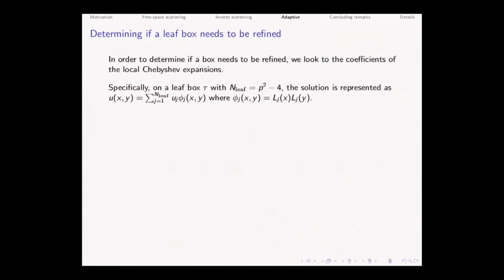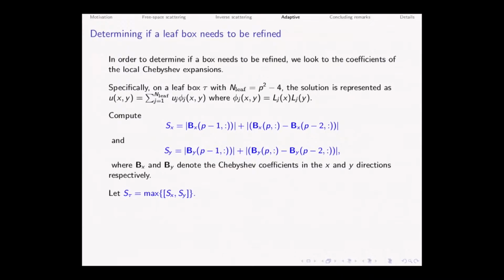And this is where we get to exploit our choice of basis. So we are using a Chebyshev basis, which essentially means we're doing a Chebyshev approximation. So we're going to look at the Chebyshev coefficients in each direction. And we compute this guy who tells us essentially what the decay of the coefficients is like for our basis. And we look at the maximum of those values.